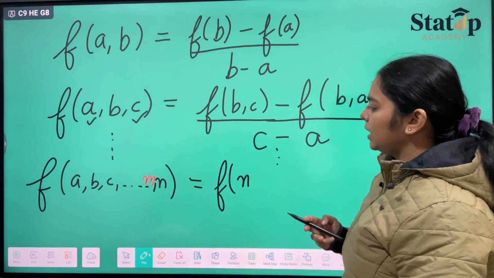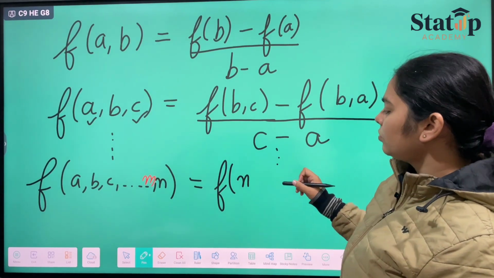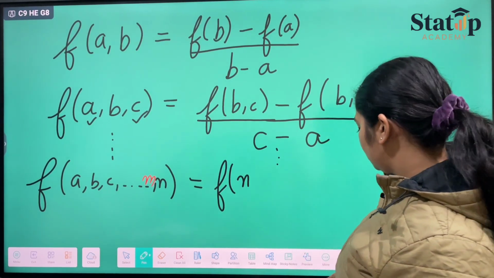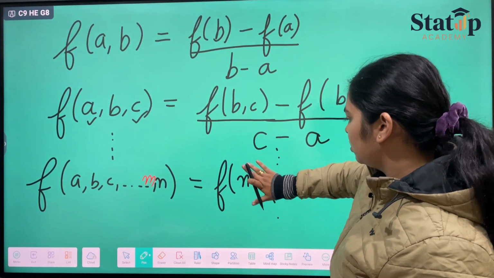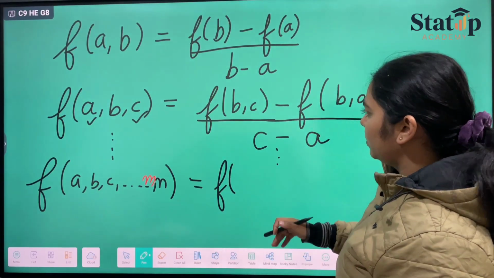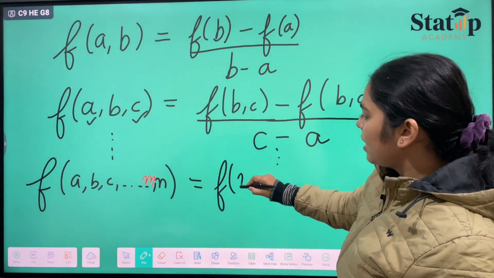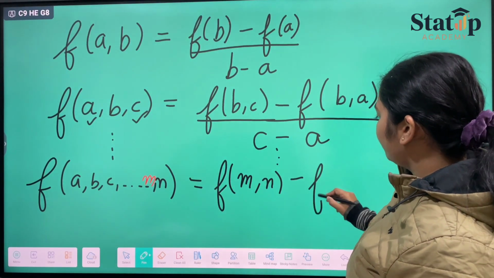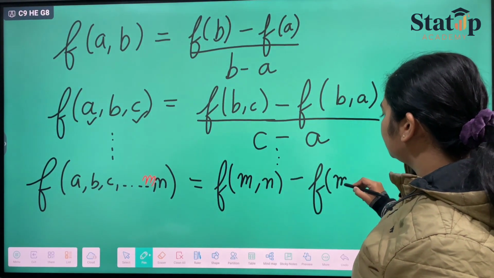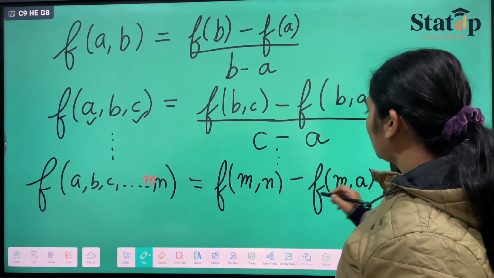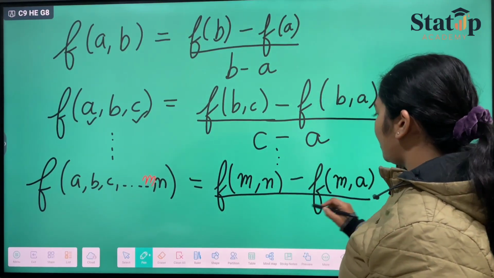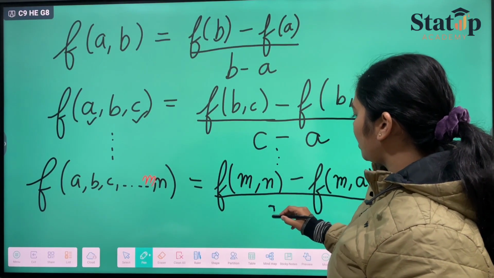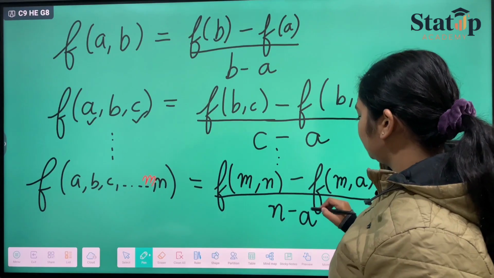So here it would be f(m, n) minus f(a, m) upon n minus a.